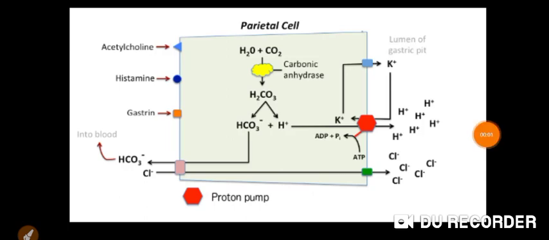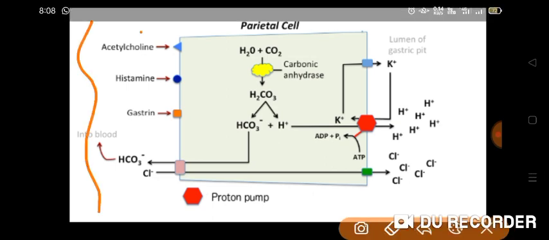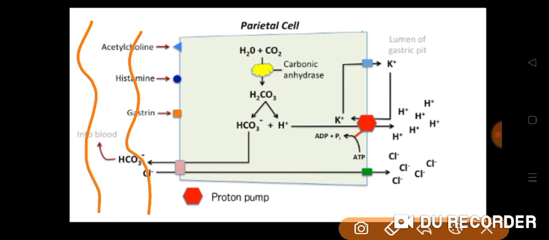Today we'll discuss the mechanism of HCl secretion, or gastric acid secretion, and how gastric acid is secreted. For that we should know this is the blood capillary, this is the parietal cell, and this is the gastric lumen.